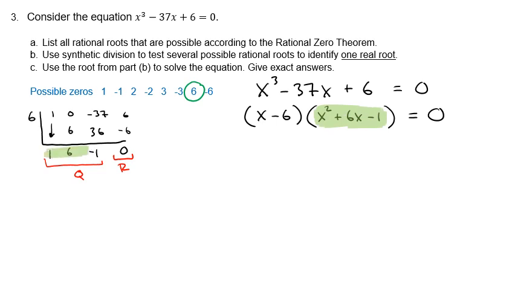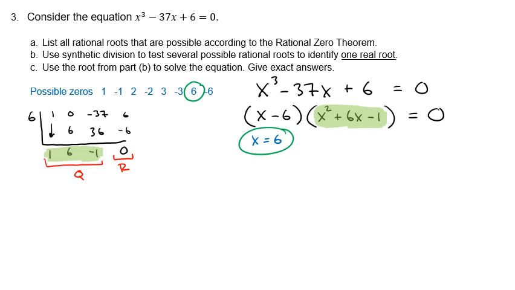This is coming from this: 1, 6, negative 1. And so we got one answer so far. X equals 6. Let me circle that in green. That's an answer. The other two answers are coming from that highlighted green quadratic expression.